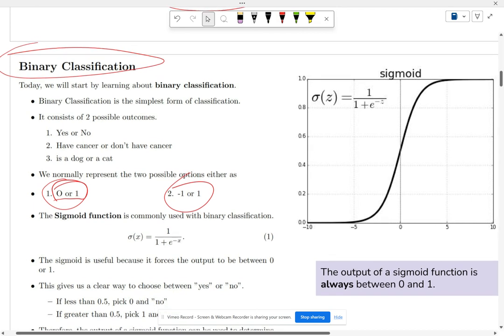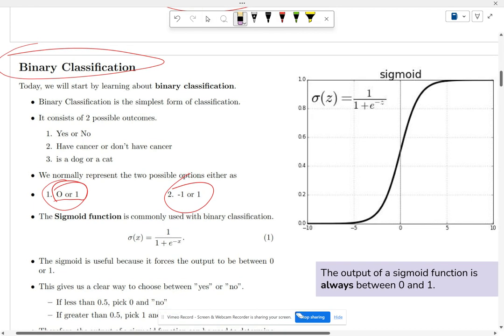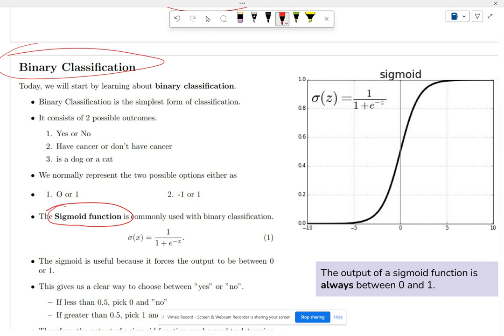One of the most popular functions we use for classification is the sigmoid function. It's commonly used for binary classification because you put in some x value, and it gives you a y value that's between 0 and 1.